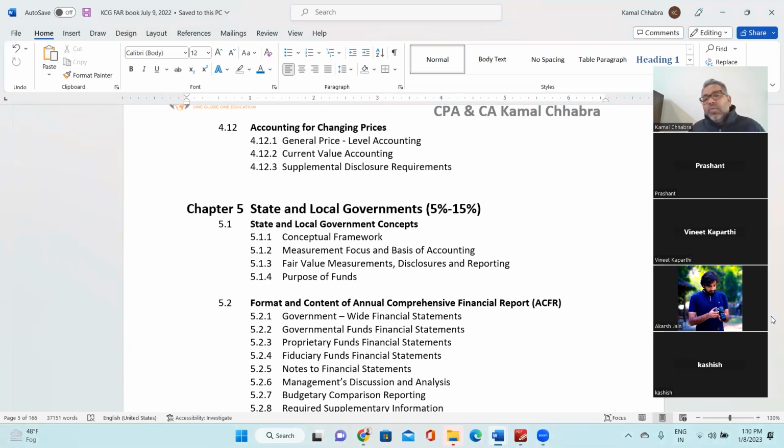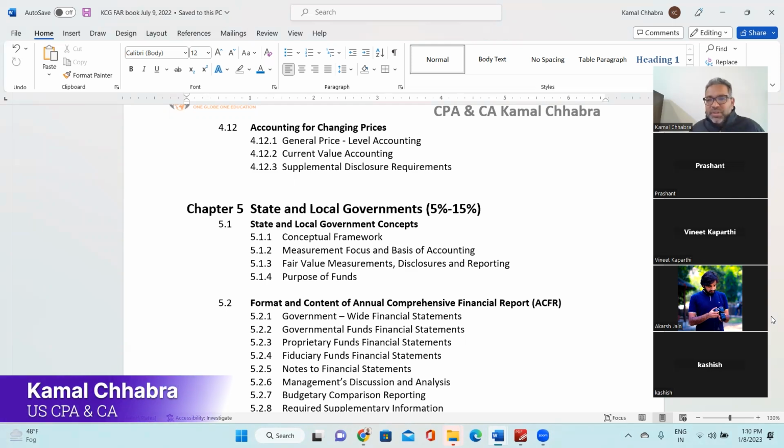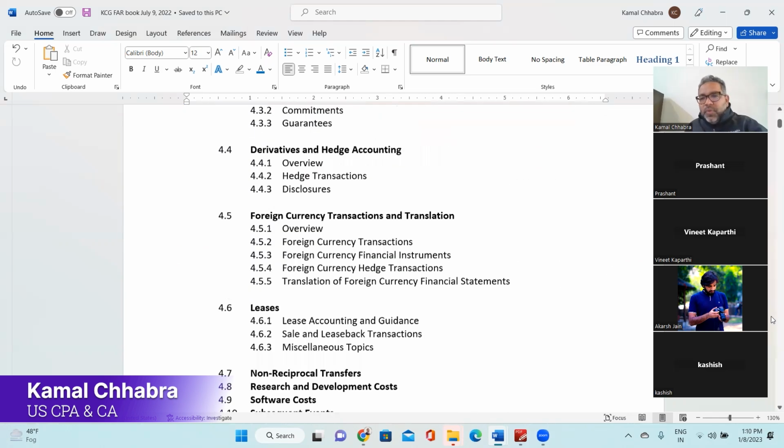How to do the accounting in such a situation for raw material purchases? Those we will be understanding in general price level accounting, current value accounting, and the supplementary disclosure required for such accounting treatment, right? Makes sense? This is all we'll be covering in chapter number 4.